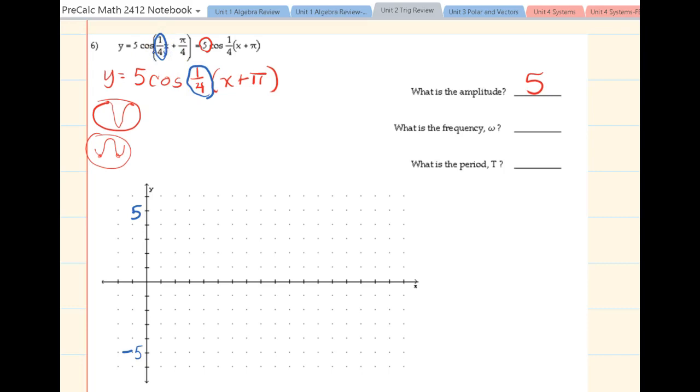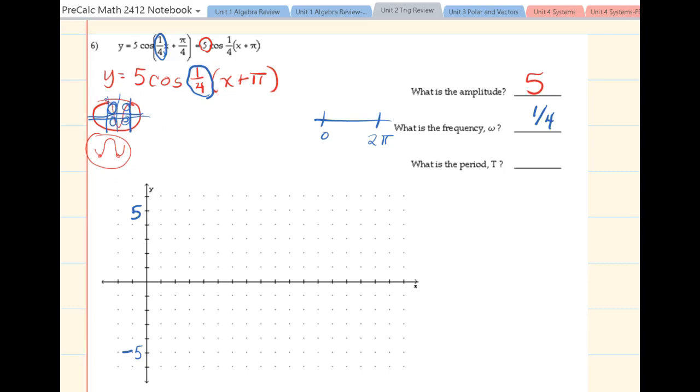So in both of these equations, written differently but representing the same equation, we can see that our frequency is 1/4. What frequency means is that between 0 and 2 pi, I will only see 1/4 of a complete sine wave. So if this is divided into 4 parts, we have 1 part, 2 parts, 3 parts, 4 parts.